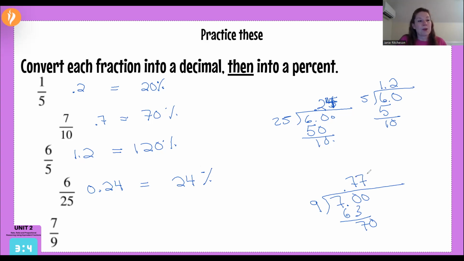So anyway, we could keep dividing all day, but if we rounded this, it's going to be 0.78, and our percent, you could put 78%, but probably a better answer would be 77.8%, because those 7s just go on forever.